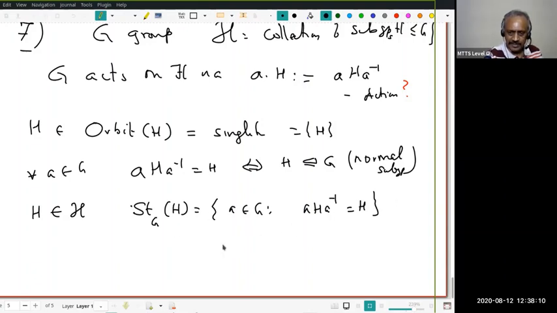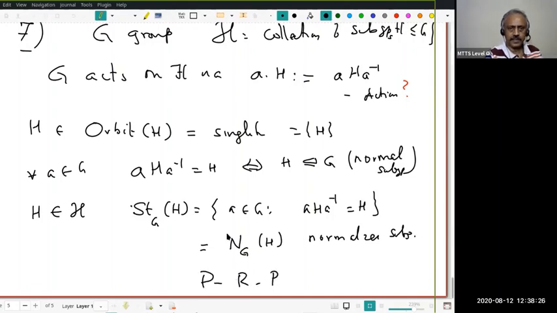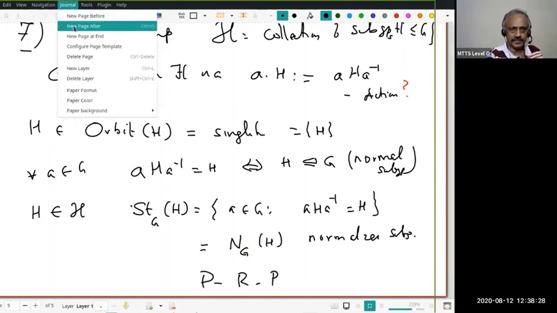Do you recognize what this is? This is what you call the normalizer of H in G. So pause, review, then proceed.